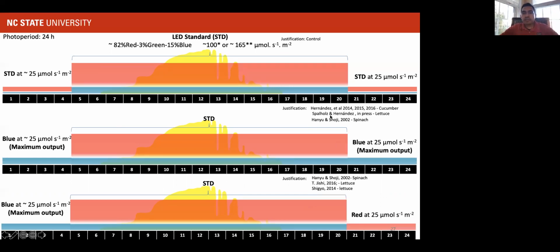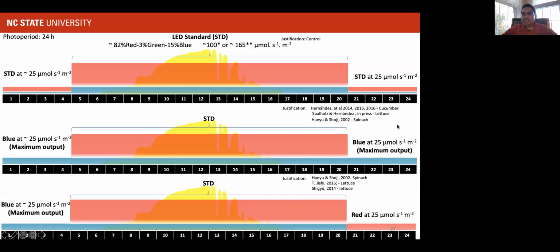Another one, and you see the justification here of the papers that we used to justify that treatment, was to end with red light. After the sun set, we changed to red light, and then switched to blue light before sunrise, in hopes to increase the stomatal opening and be able to receive the higher radiation.